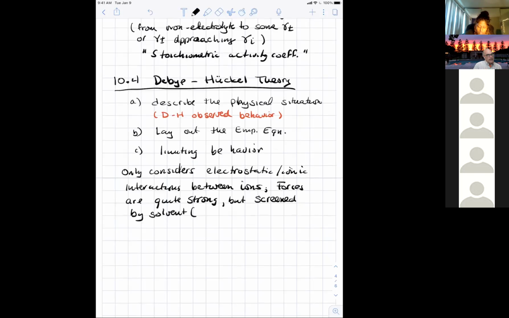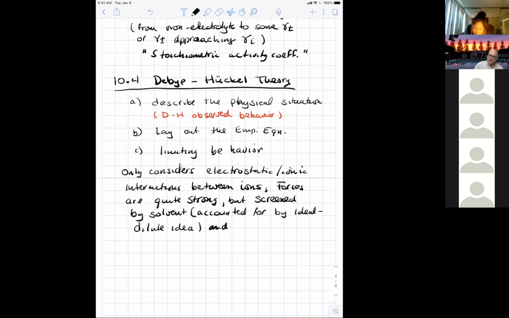Now, again, the screening by the solvent is really accounted for in ideal dilute, D-I-L-U-T-E, right? So the screening by the solvent is really wrapped up in the ideal dilute definition.